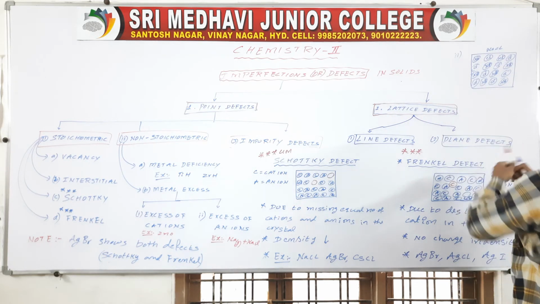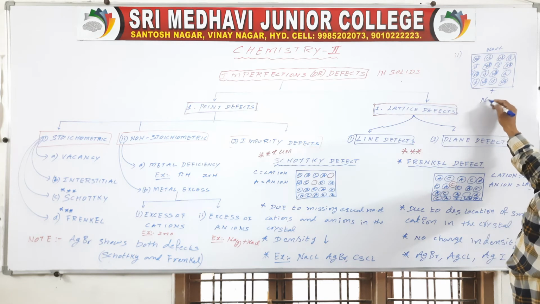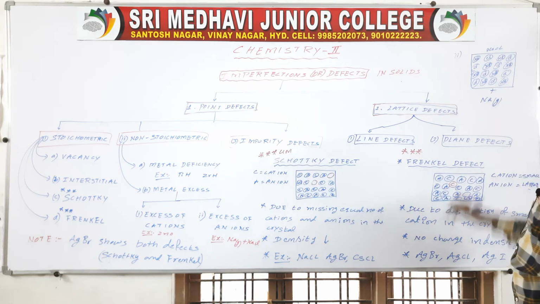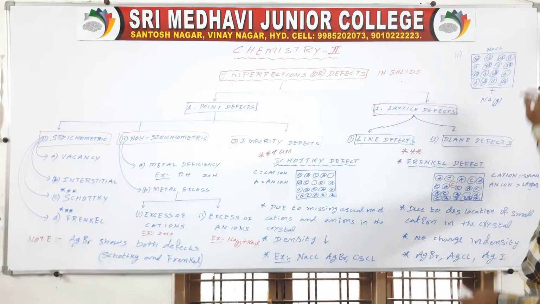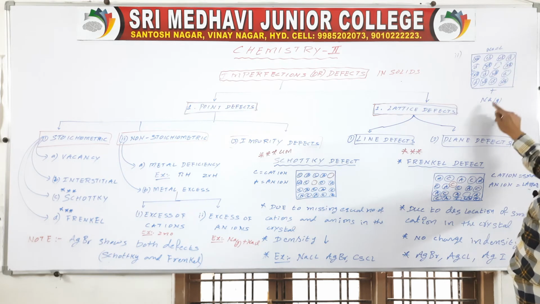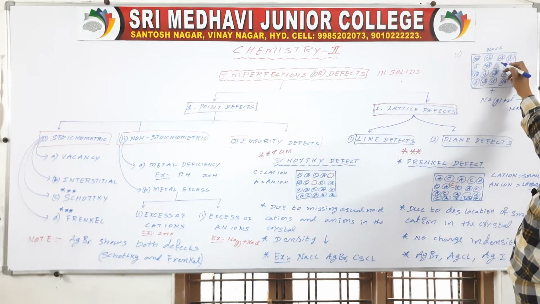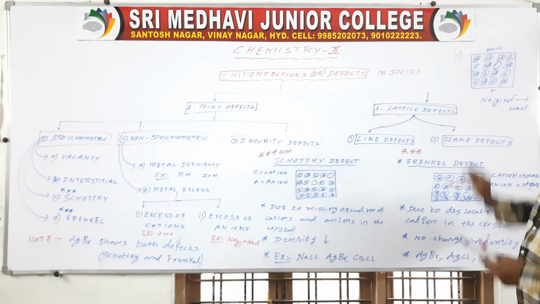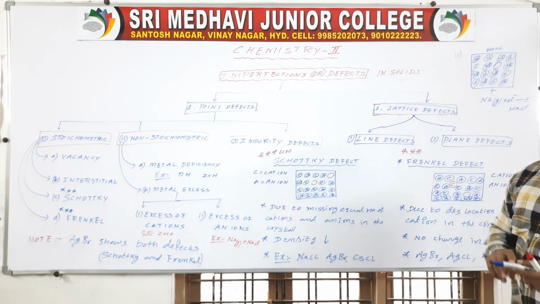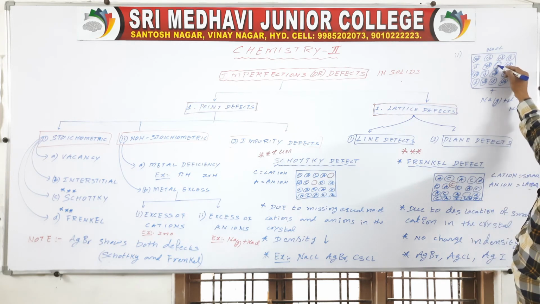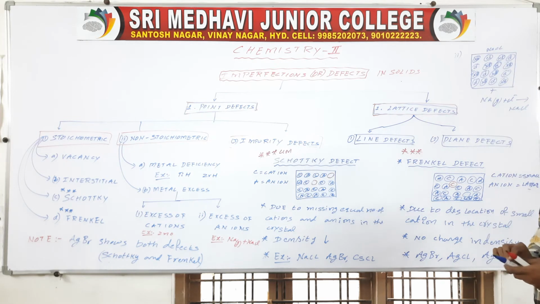Then it is mixed with sodium vapor. Then the Cl- in the crystal reacts with the sodium vapor and forms NaCl. Here vacant places are formed. These vacant places are occupied by unpaired electrons.